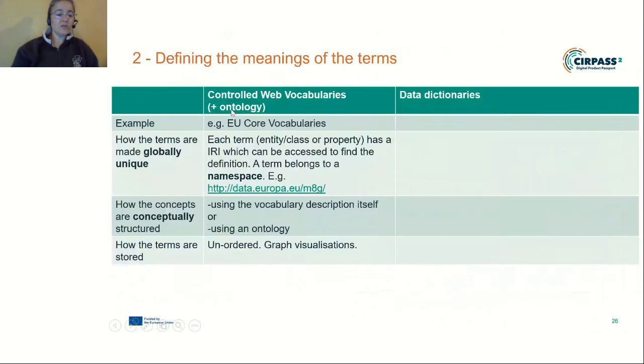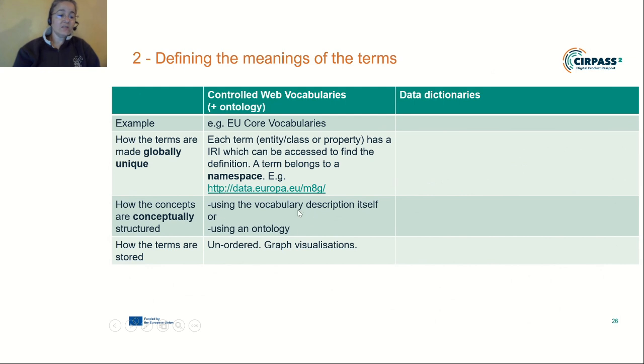So what I wanted to observe, what you saw, if I recap a little bit: the terms are made globally unique thanks to the domain name that is controlling the URI, for example data.europa.eu.